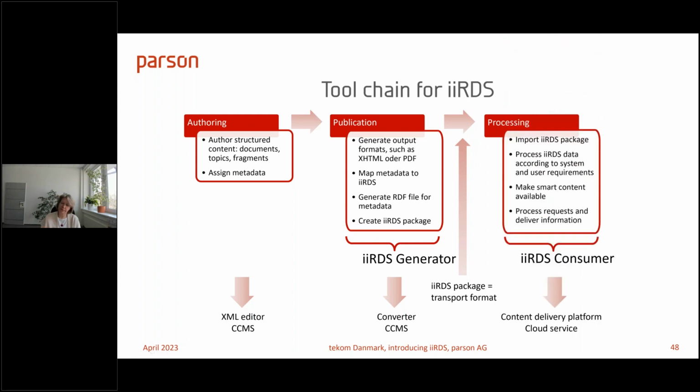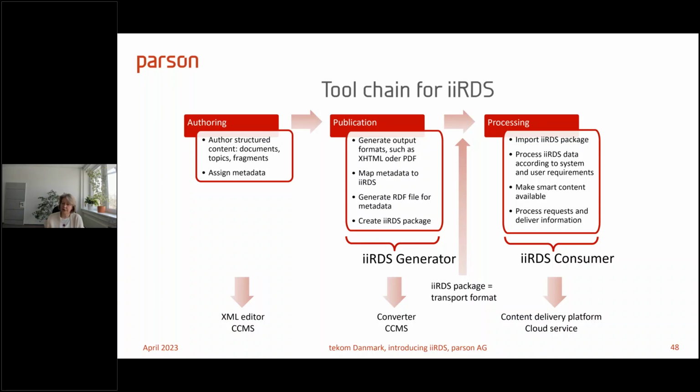And then you can take that package and import it into something that we call an iiRDS consumer, which can be a cloud service or a content delivery platform like, I don't know, RWS Tridion Docs, or Ampeers Service Express, Ampeers Content Express, Fluid Topics, you name it, and which is able to process that package, extract the content, extract the metadata, put all that into its database, and then make the content available.